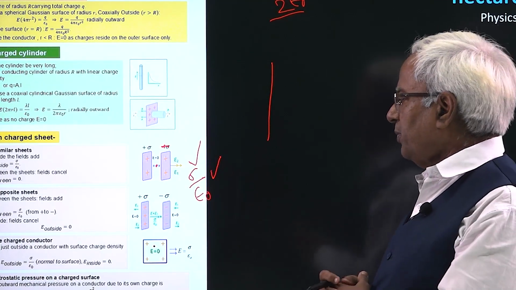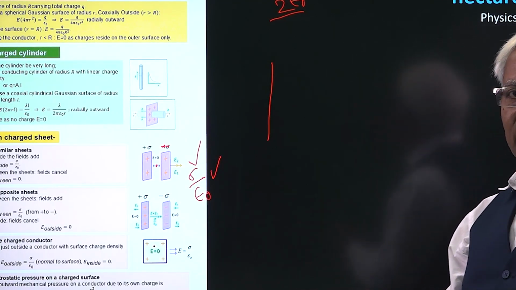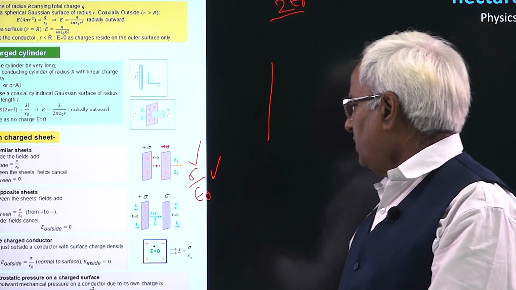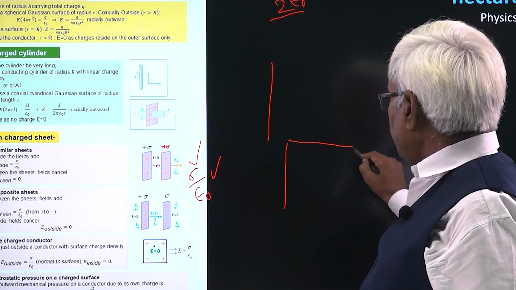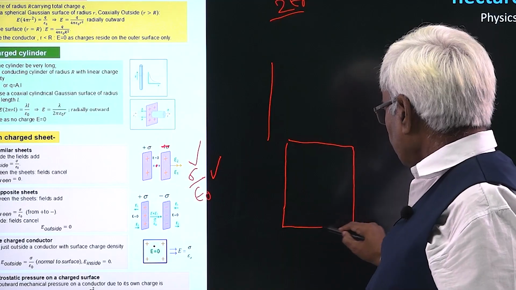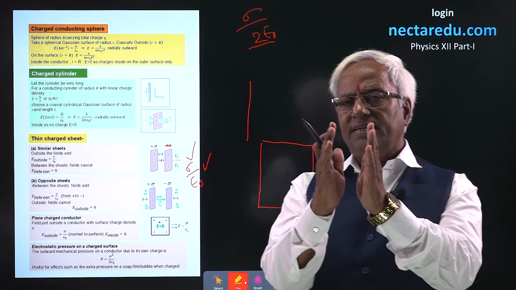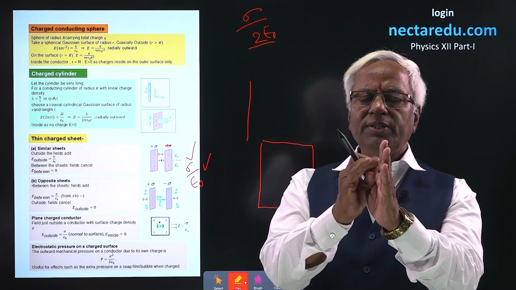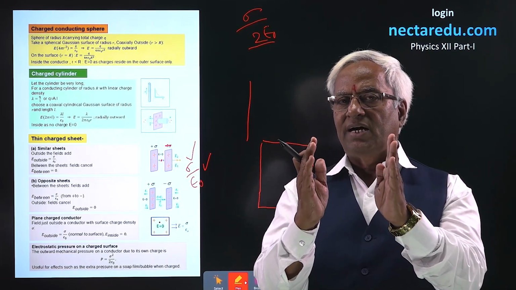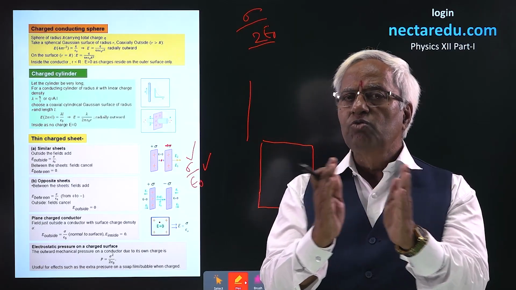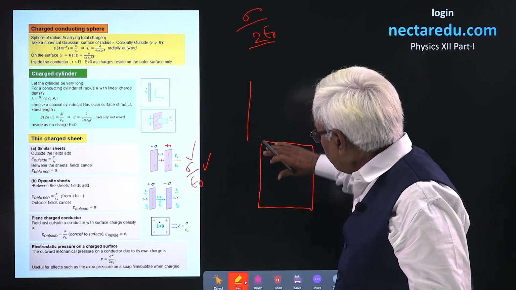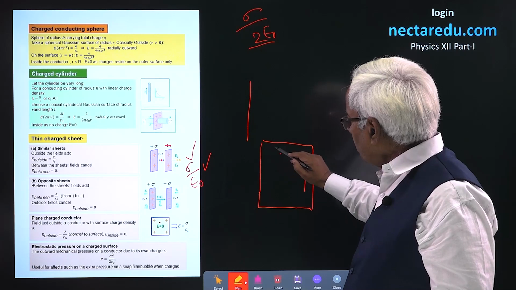Now its very important application is to the plane conductor. If you consider a plane conductor having some thickness, whenever a conductor is given charge, only the surface has the charge. The bulk has no charge. So what remains inside is of no meaning.